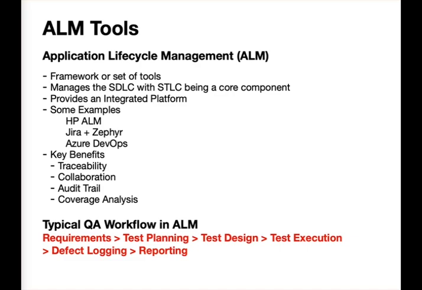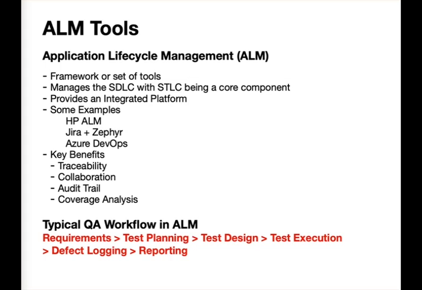So it allows traceability for all of those situations. And collaboration in terms of your developers, your QA, business teams, your DevOps, all of these work on one platform, right? So that collaborative effort is possible because of ALM systems.